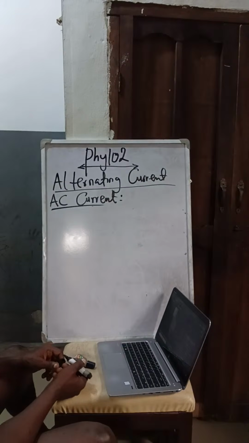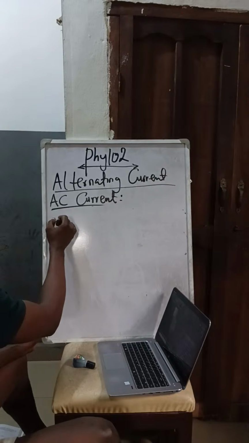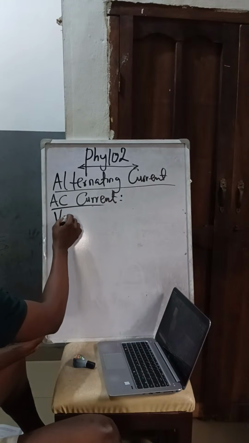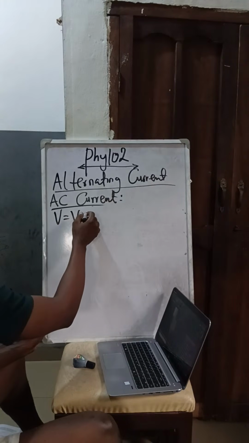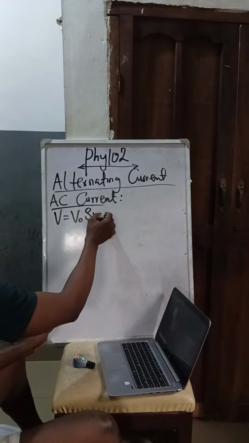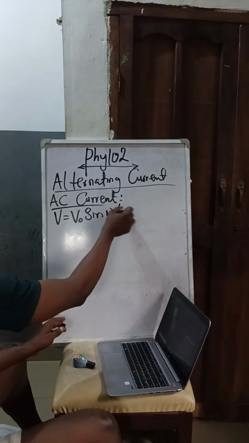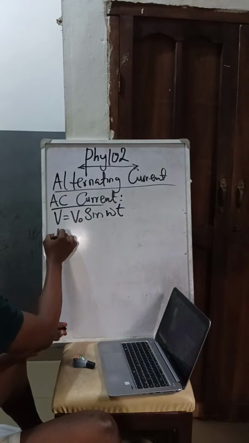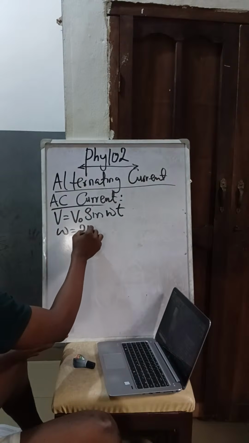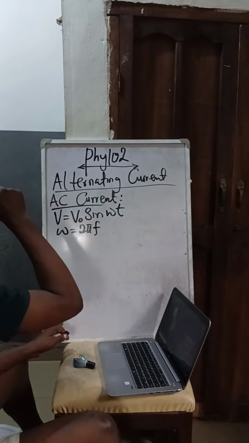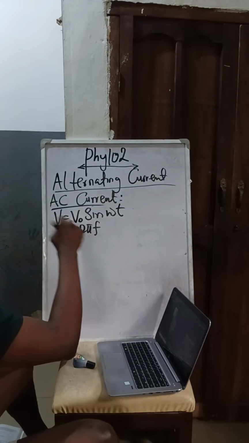All right. So, as I said, V is equal to V naught sine Wt, where W is equal to 2 pi F. Okay?